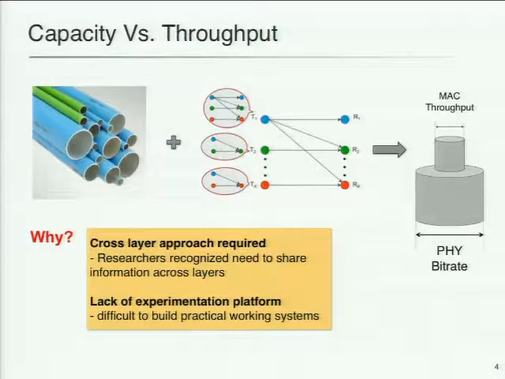In fact, researchers have recognized the need to share information across layers. But this observation was instantiated mostly using simulation and thought experiments. There was no experimentation platform available, and hence it was difficult to build practical working systems and understand practical implications from this direction of research.